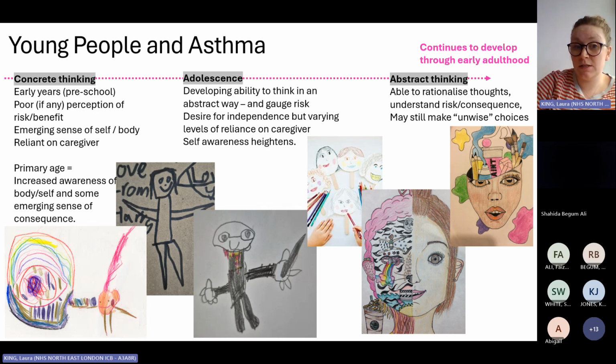This is a really safe way to manage your asthma. If you do not treat the inflammation, for example, you may have an attack. And it's really building those sort of connections between risk and consequences. I've said it sounds really basic. It's obviously not that simple.